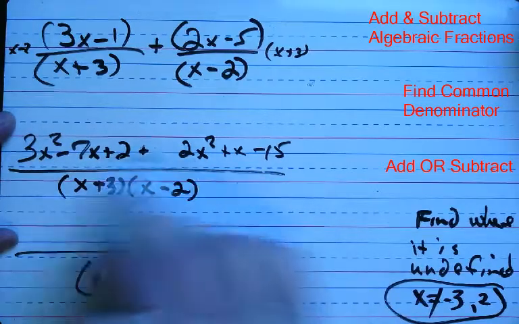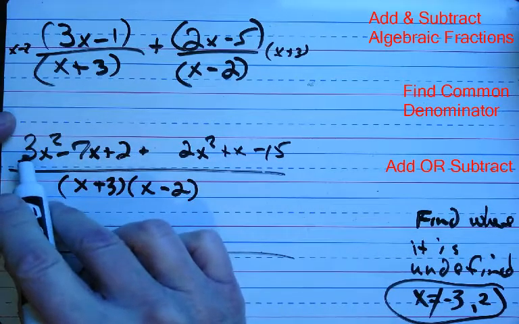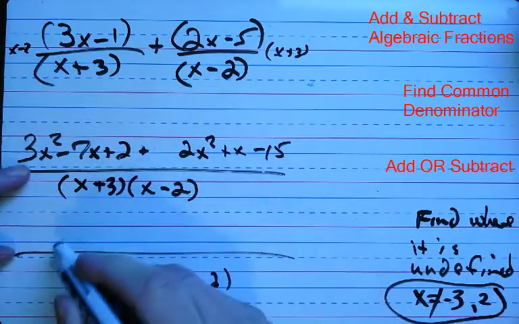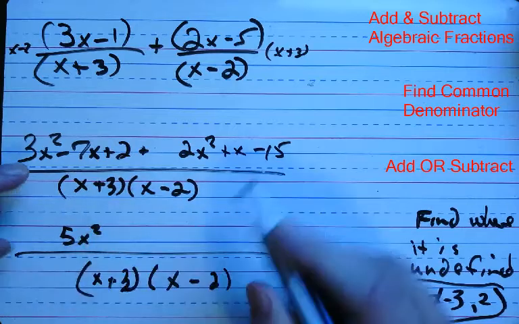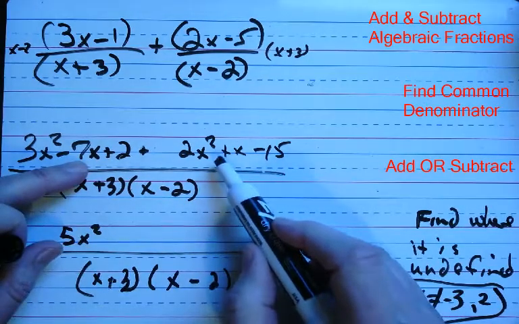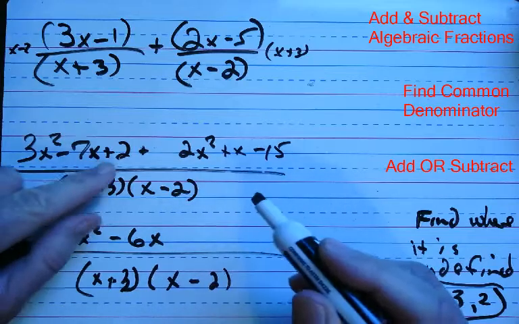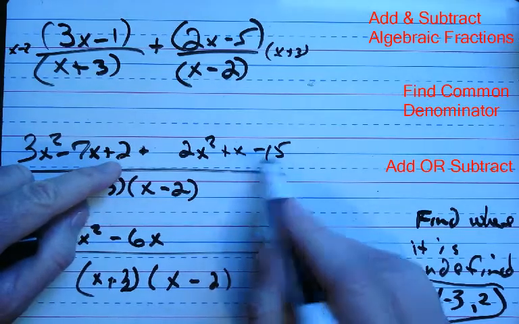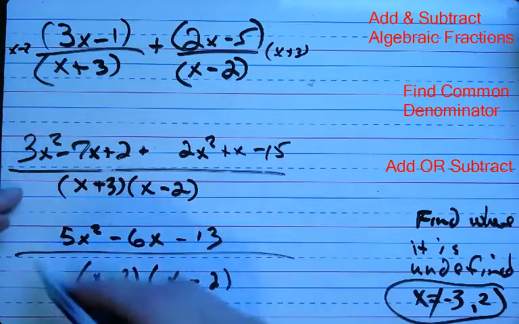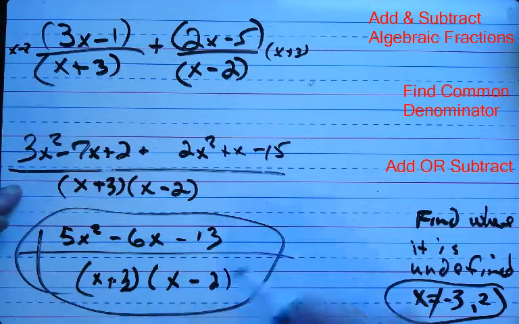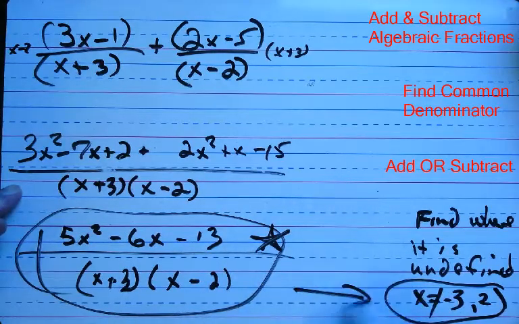Now then, I have to add these together. I can only add x squareds to x squared, so that'd be 5x squared. And then negative 7 plus 1 would be negative 6. And then positive 2 minus 15 would be negative 13. That is the answer. And it's undefined at that spot.